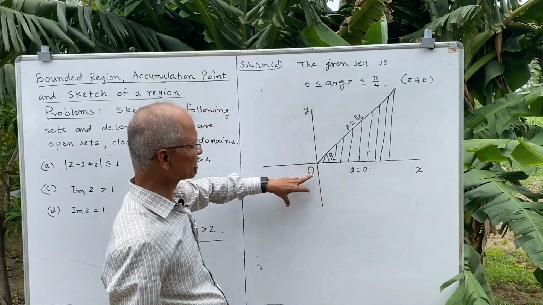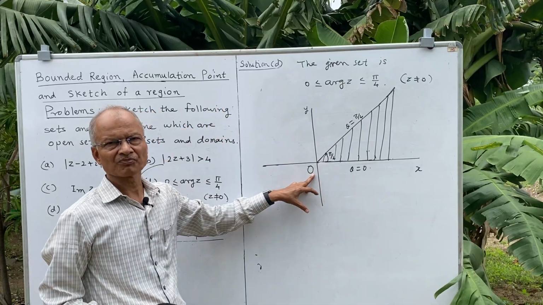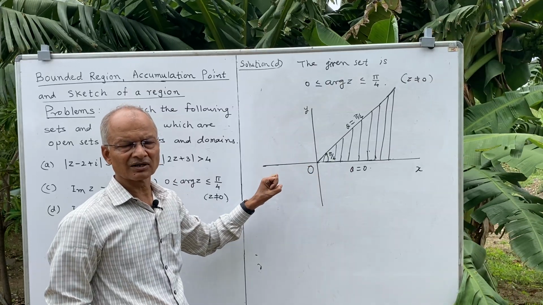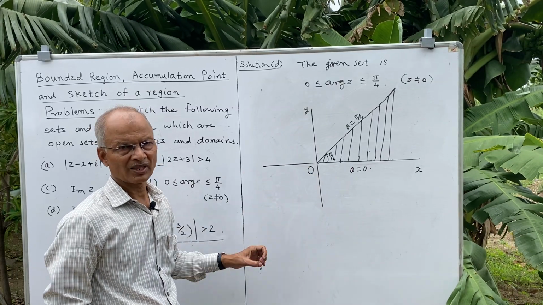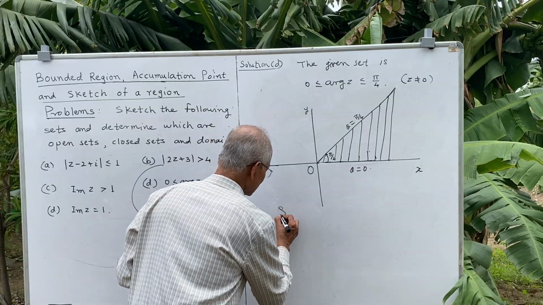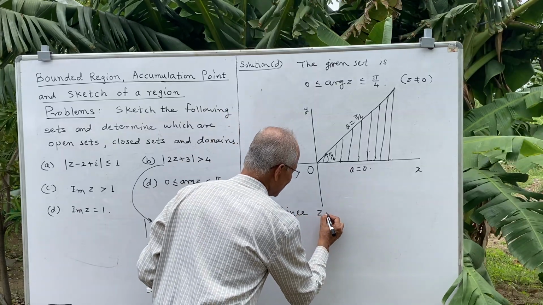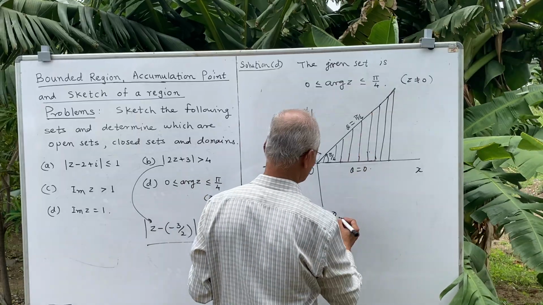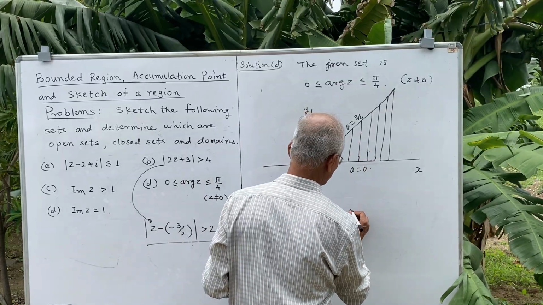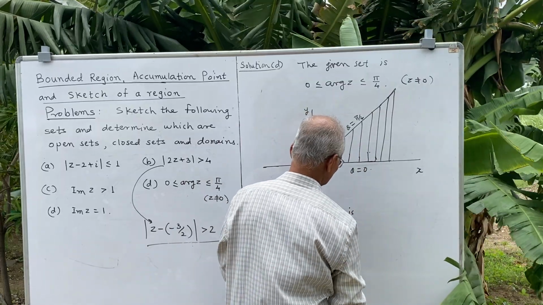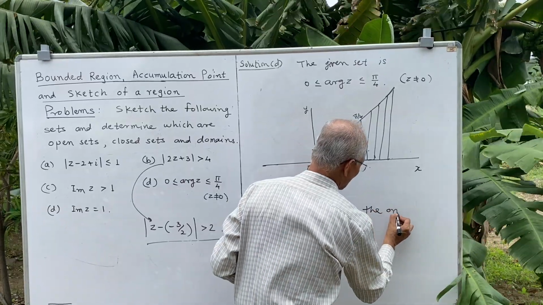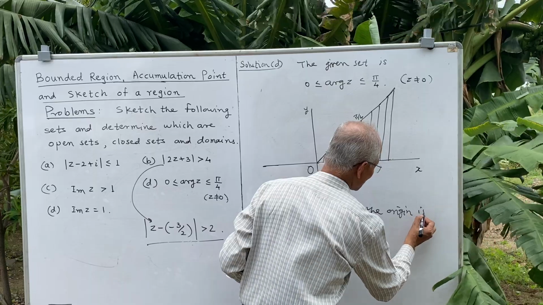If the origin is included in this, then it will be a closed set, because the definition for a closed set is it must contain all its accumulation points. So since z equal to 0 does not belong to this set, that is the origin, the origin is not in this set.